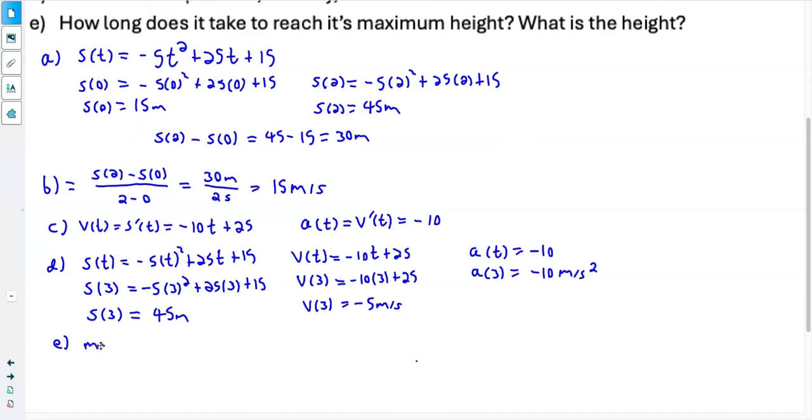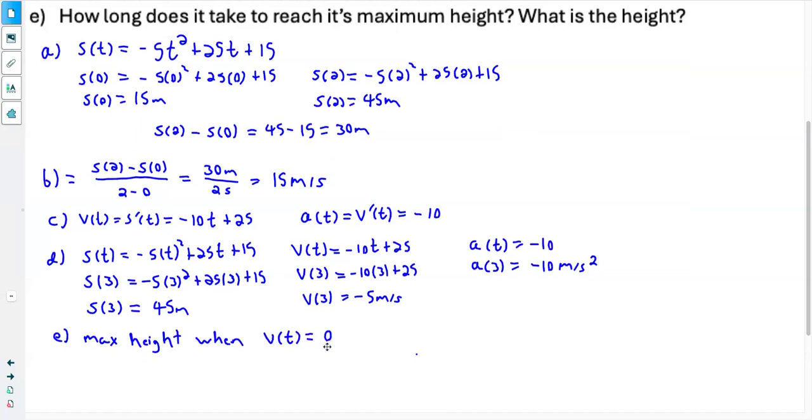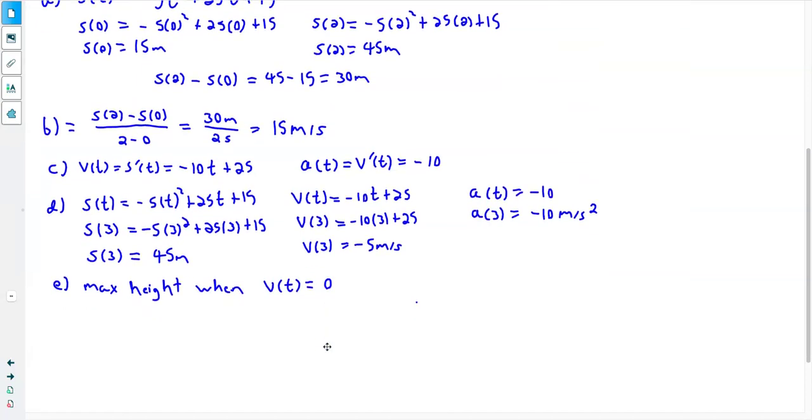So we can say we have our max height when v of t equals zero. So we're going to take our equation for our velocity, which was negative 10t plus 25, and we'll make this equal to zero.